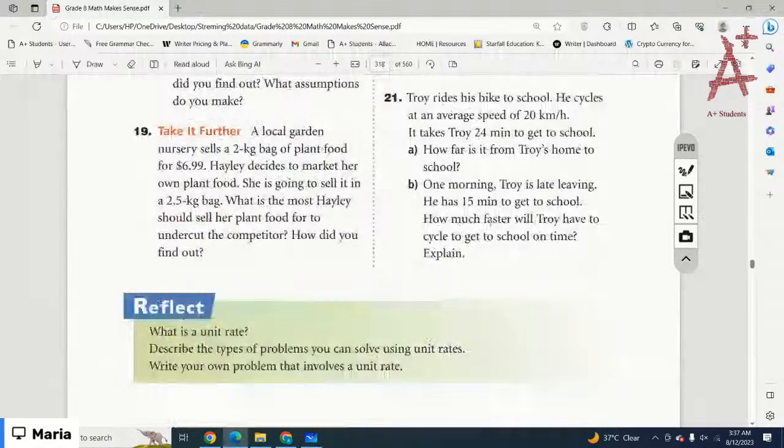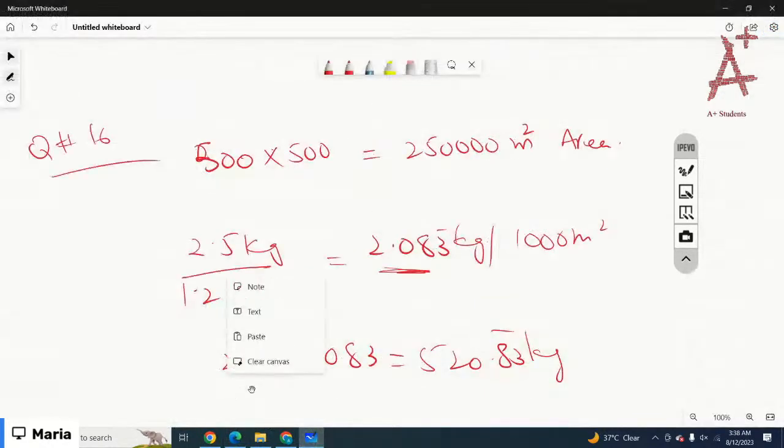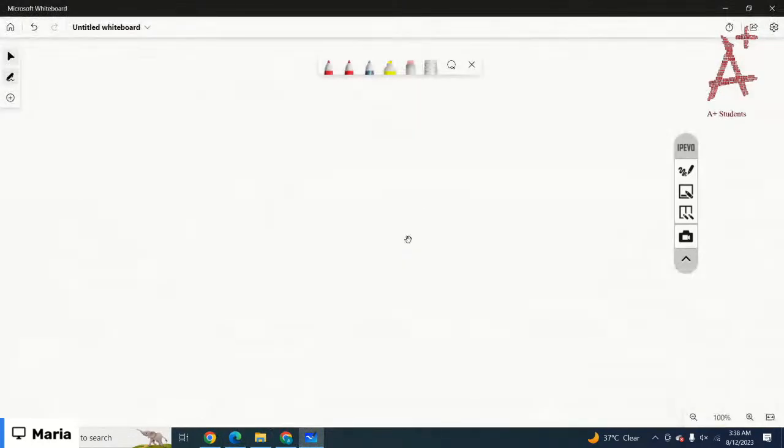Okay, so a 2 kg bag for $6.99, right? Let's just calculate the rate. The local nursery sells for $6.99 for a 2 kg bag, right?